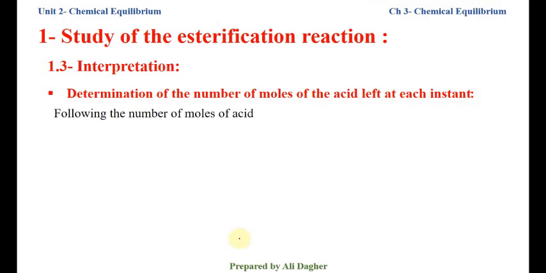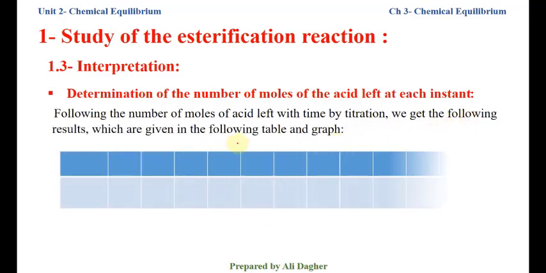Following the number of moles of acid left with time by titration, we get the following results, which are given in the following table, and then the following graph. Time in hour and number of moles of acid in mole.